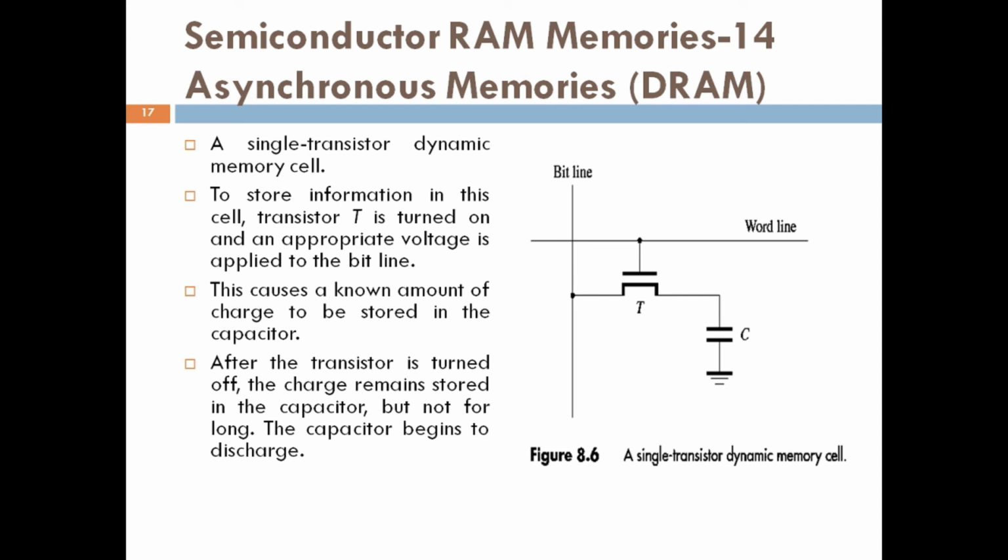An example of a dynamic memory cell that consists of a capacitor C and a transistor T is shown in this figure. In order to store the information in this cell, the transistor T is turned on and an appropriate voltage is applied to the bit line. This will cause a known amount of charge to be stored in the capacitor. After the transistor is turned off, the capacitor begins to discharge.